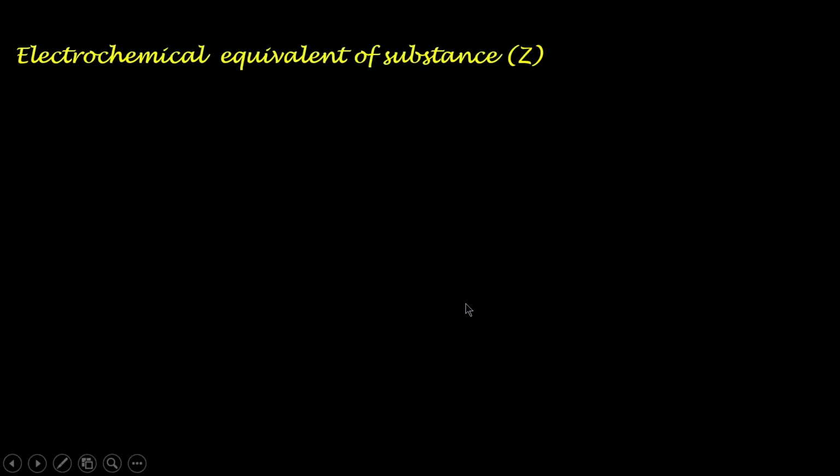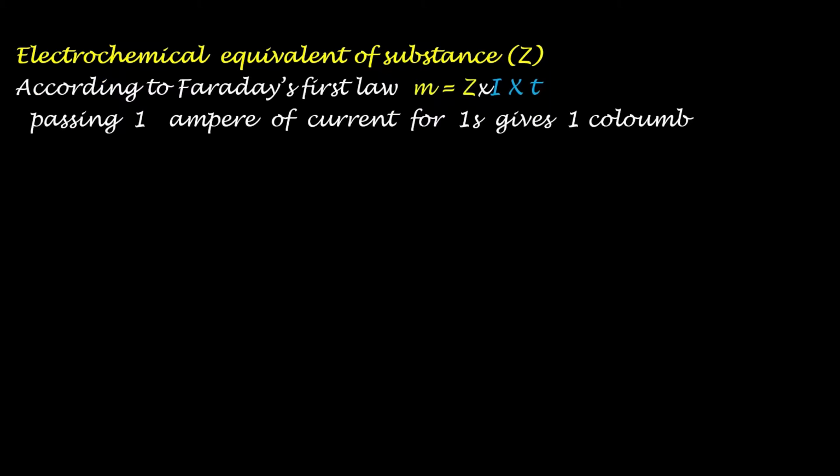Now we shall define the electrochemical equivalent of the substance Z. We know that according to Faraday's first law of electrolysis, M equals Z into I into T. Passing 1 ampere of current for 1 second gives 1 coulomb.